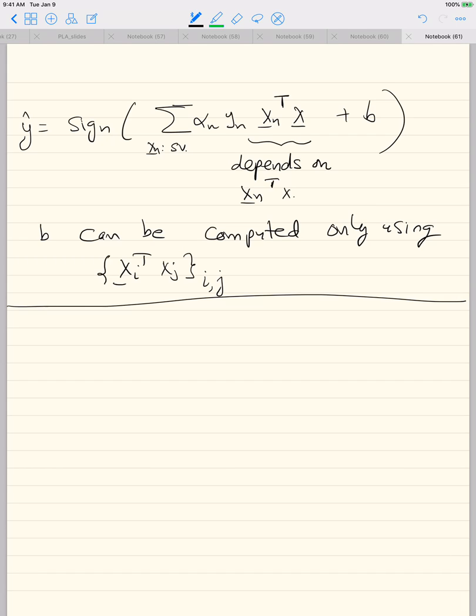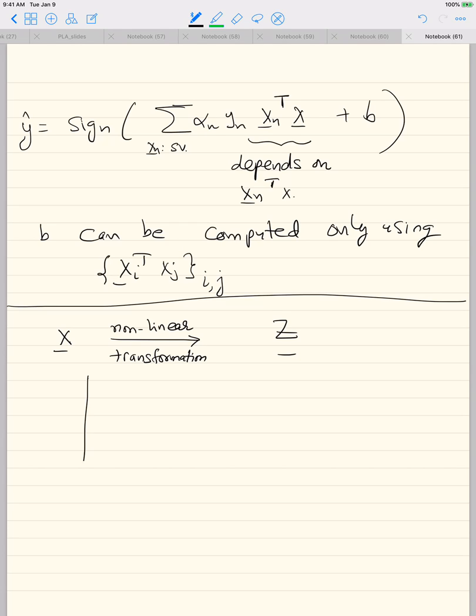So imagine that we have an original data vector x, and we apply some nonlinear transformation to get z.